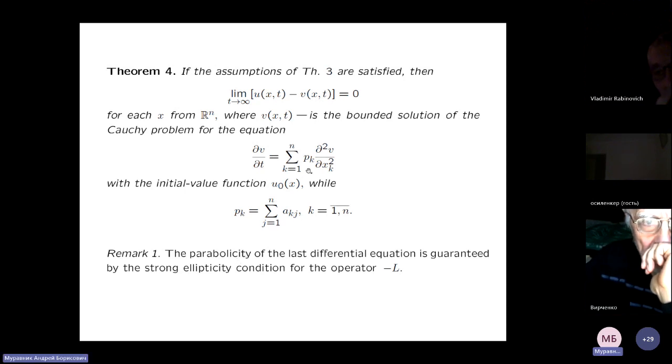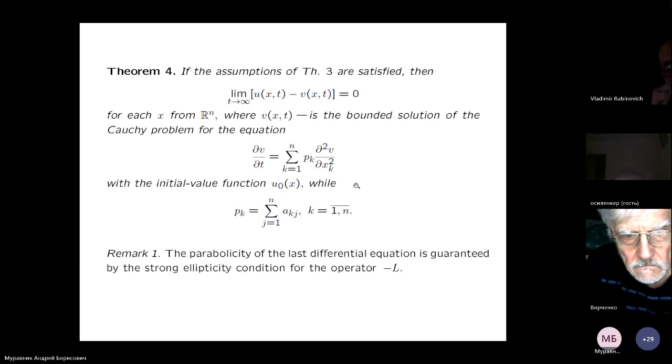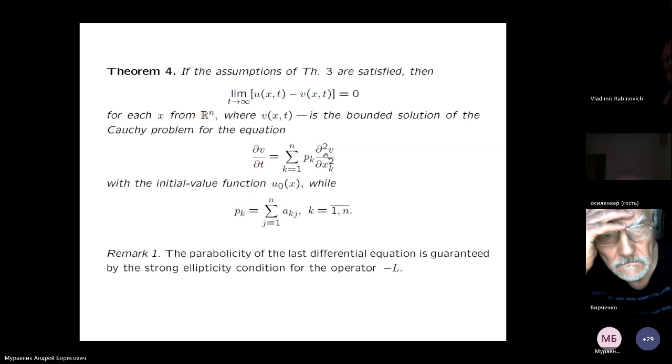Note that the parabolicity of this differential equation, it is already a differential equation, not a functional difference equation, is guaranteed by the strong ellipticity condition for the operator minus L. So this case looks even simpler.